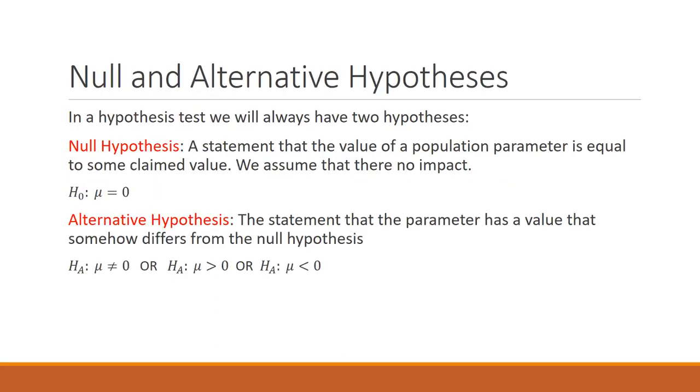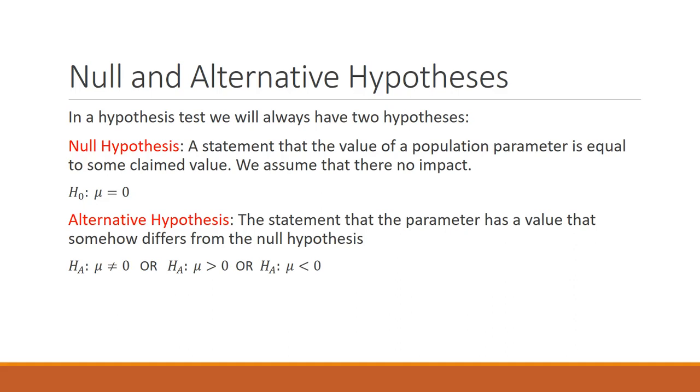What we do in statistics is we always propose two hypotheses, and then we test. We always propose what's called a null hypothesis and an alternative hypothesis. A null hypothesis is a statement that the value of some population parameter, let's say it could be income, land size, etc., has some particular value.